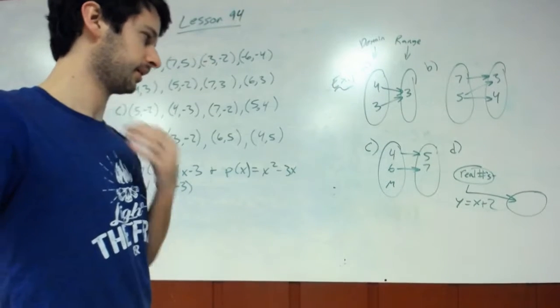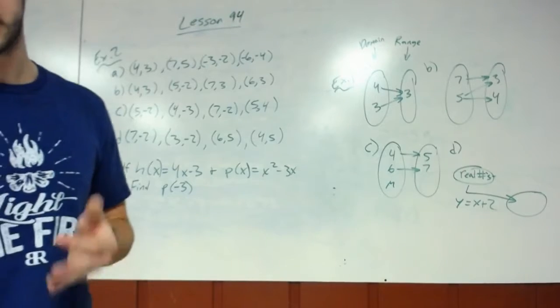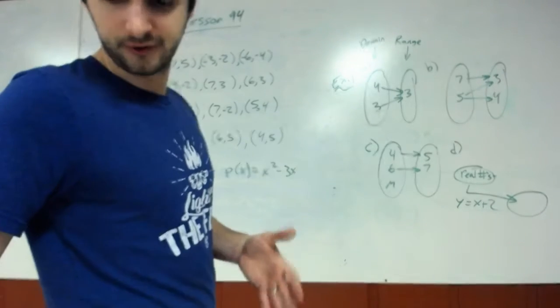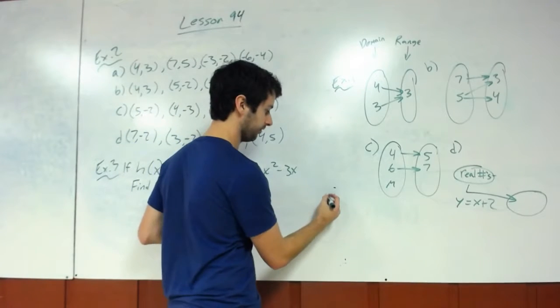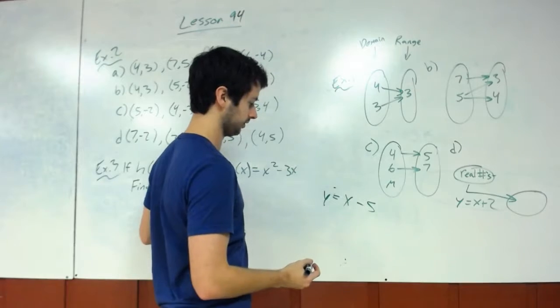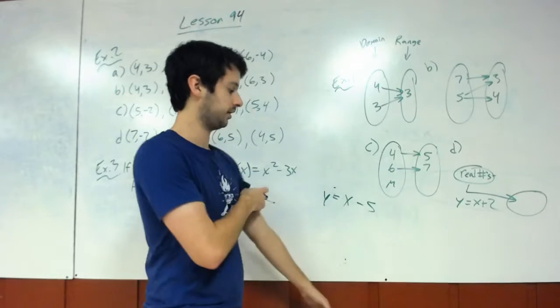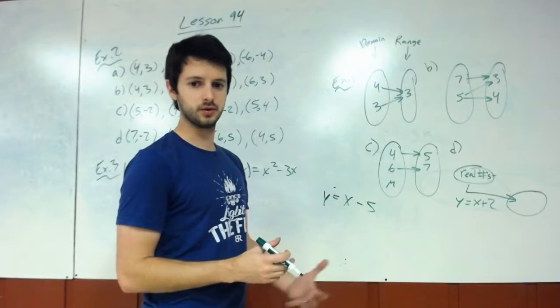A function is simply a set of ordered pairs in which no two pairs have the same first element and different second element. For example, if you have y equals x minus 5, then y and x can only be one set of numbers.